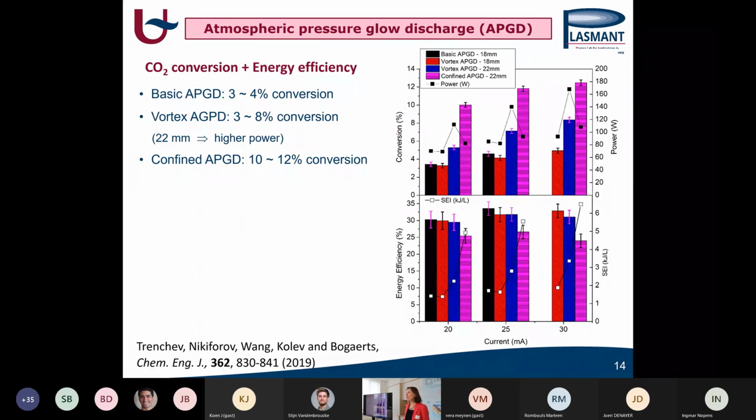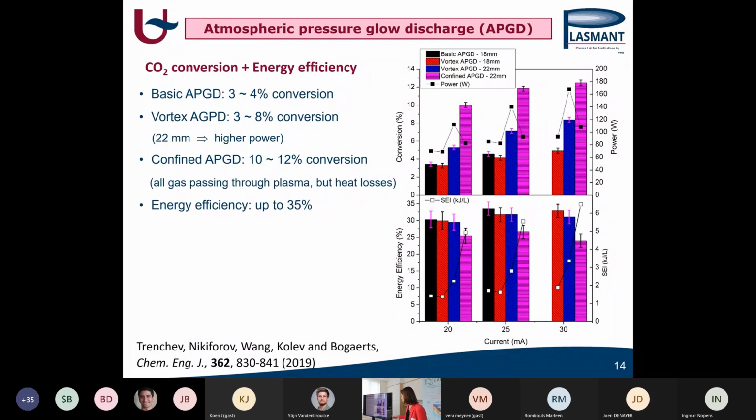That is because more gas could pass through the plasma, which is indeed better. But there were more heat losses, and that's why the energy efficiency was a bit lower. But in general, the efficiency was up to 35%. So the efficiency was comparable, but at a higher energy conversion.